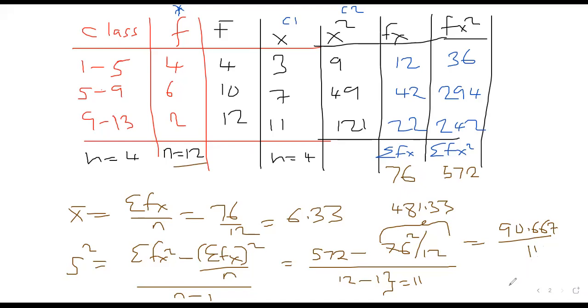So our variance in this case will be 8.2424. This is how we calculate our variance.